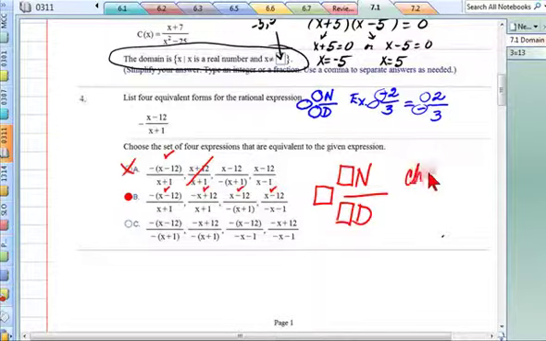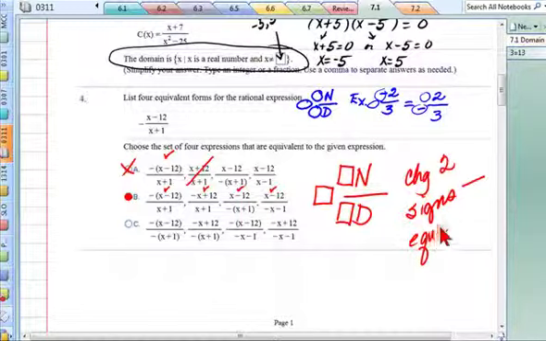And if you change 2 signs, it's equivalent. That will be somewhat helpful. There's one and only one question like that in MathLab.